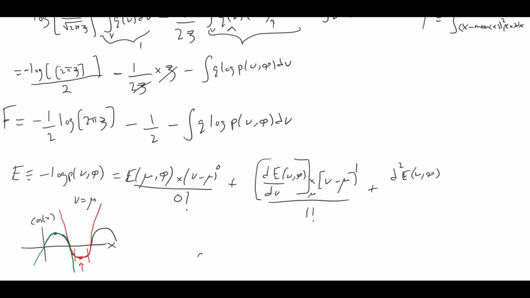For example, if you're evaluating the derivative of cosine x at the value pi, you would get minus sine of x, but you're evaluating it at pi, and so you get minus sine of pi. That's what it means to evaluate the derivative at a point.